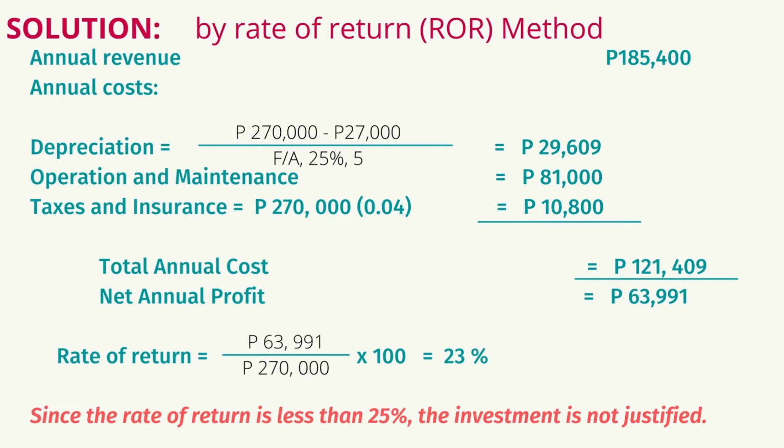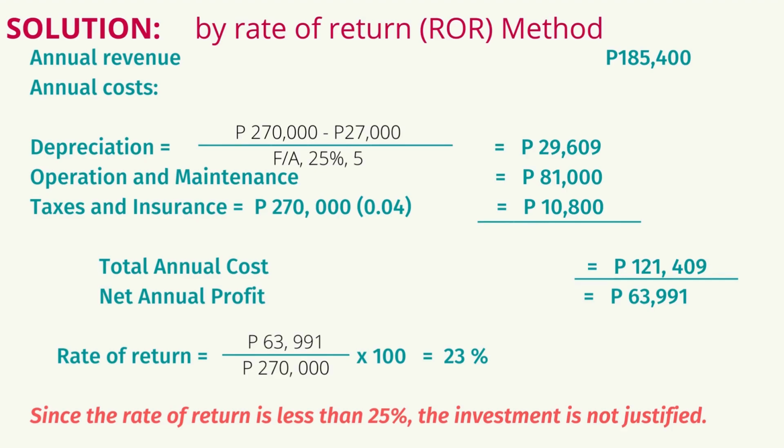As a summary, the annual revenue is 185,400. The annual cost consists of the depreciation, that is 29,609, the operation and maintenance, 81,000 pesos, and taxes and insurance, 4% of the first cost, that is 10,800.